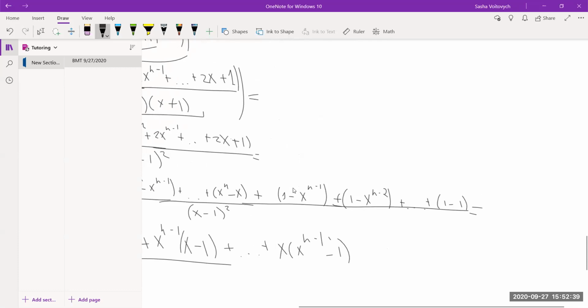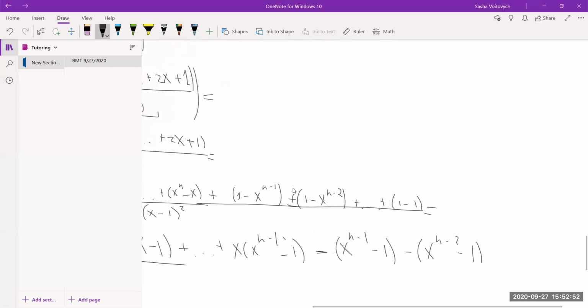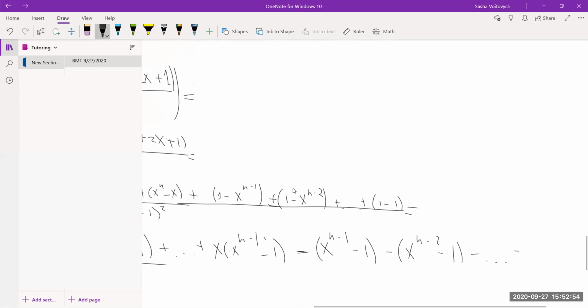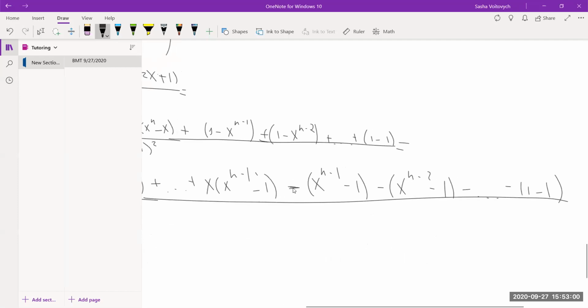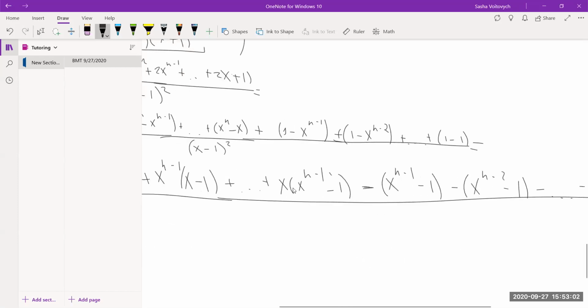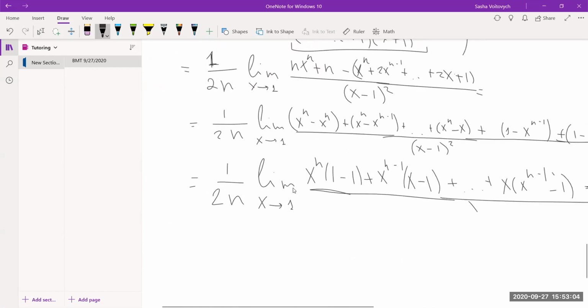So then these guys, we can flip their signs, and we will get something like this, minus (n - 2 minus 1) minus dot dot dot (1 minus 1). I'm specifically keeping 1 minus 1 for a reason. And divided by (x - 1) squared.